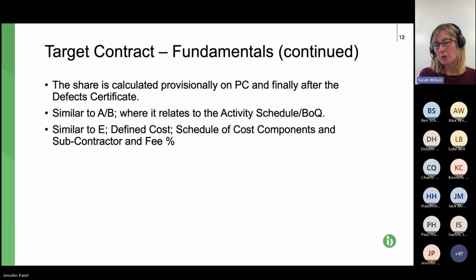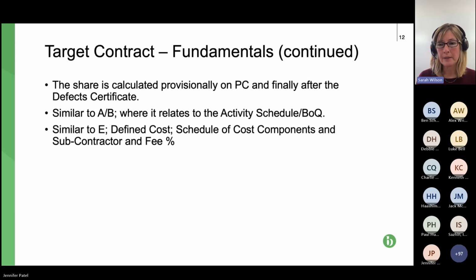But it just relates to the target costs, in contrast to A and B, where that's what the contractor is paid in its interim payments as it completes the work. What the contractor is being paid in its interim payments is the equivalent to an option E contract: the sum due under the schedule of cost components, which represents the defined cost plus the fee percentage.